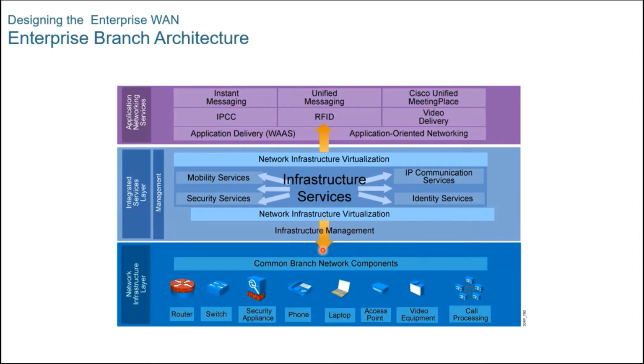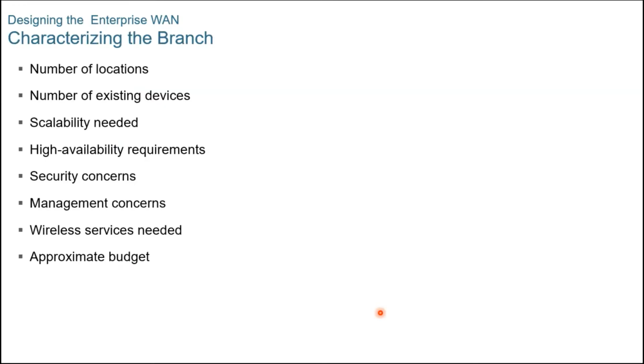Common network components that might be implemented in the enterprise branch include the following. First, routers providing WAN edge connectivity, switches providing the LAN infrastructure, security appliances defending the branch devices, and wireless access points for device mobility.